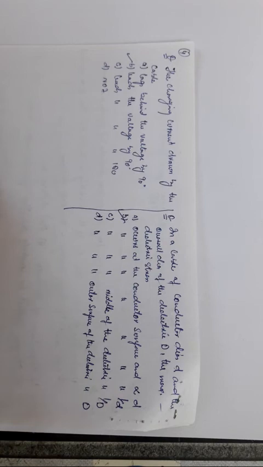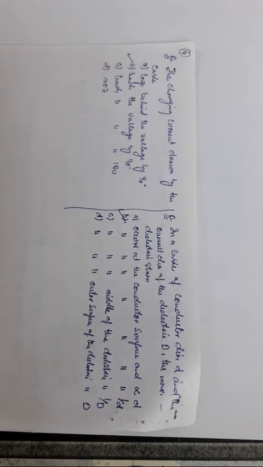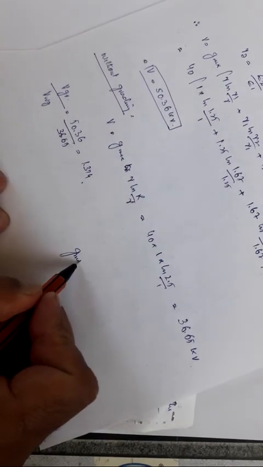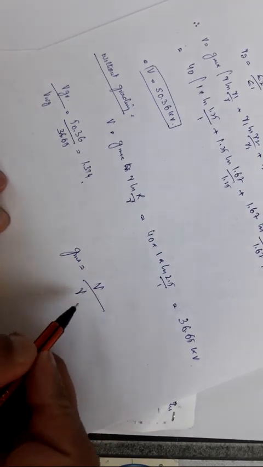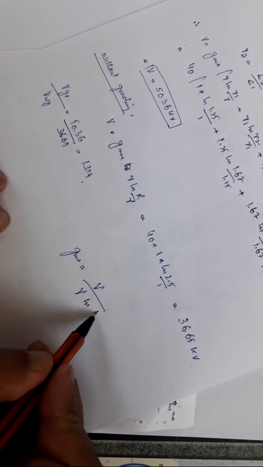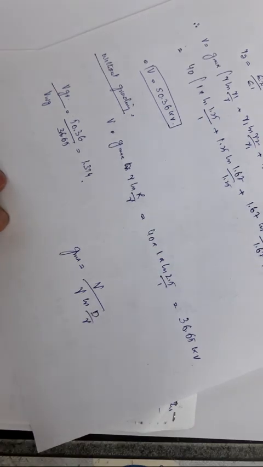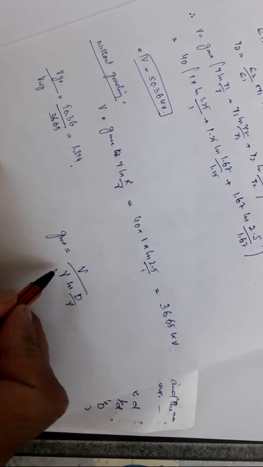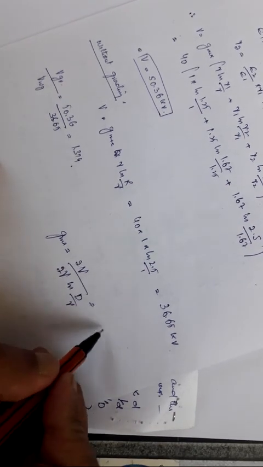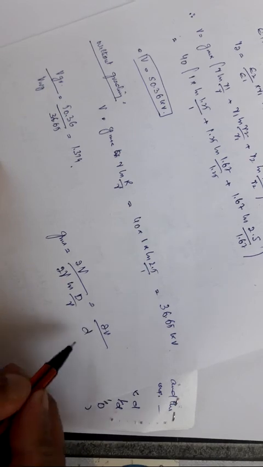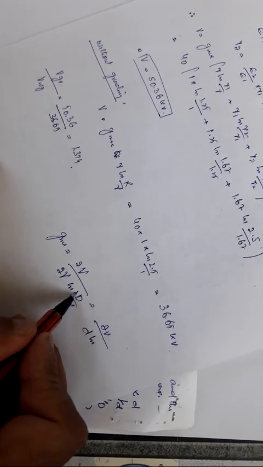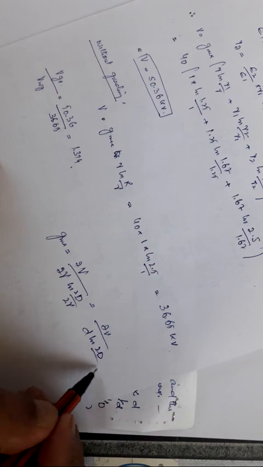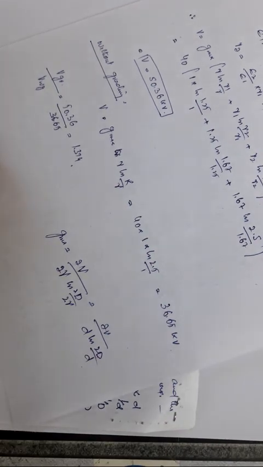We know that the maximum dielectric strength occurs at the conductor surface, and Gmax is given by V divided by R ln of D by R. But we are asked in terms of diameter, so I can write it as twice V divided by d ln of 2D by d. This will be the equation.